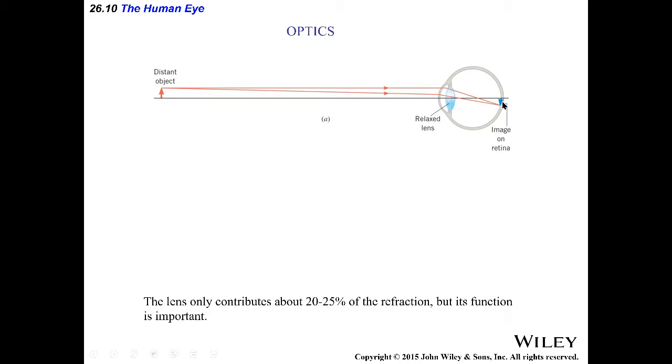Your brain is used to this: if this is an upright tree, the image on my retina would be such that this neuron down here will tell my brain, oh, this actually is up, and that one is the bottom. And so I have seen the image of this tree far away. All right, so this is the case where my eye is okay. I don't have to focus on anything. It's natural. I already see it.